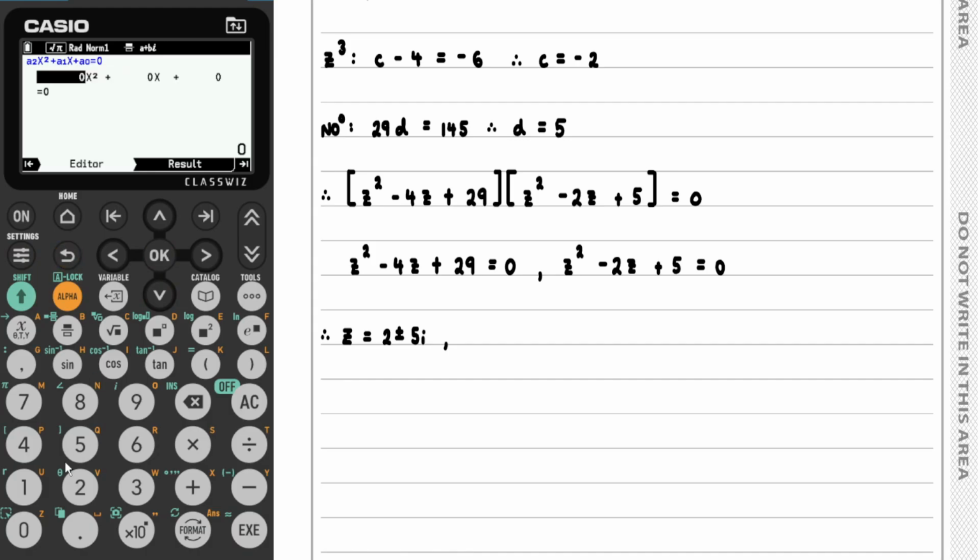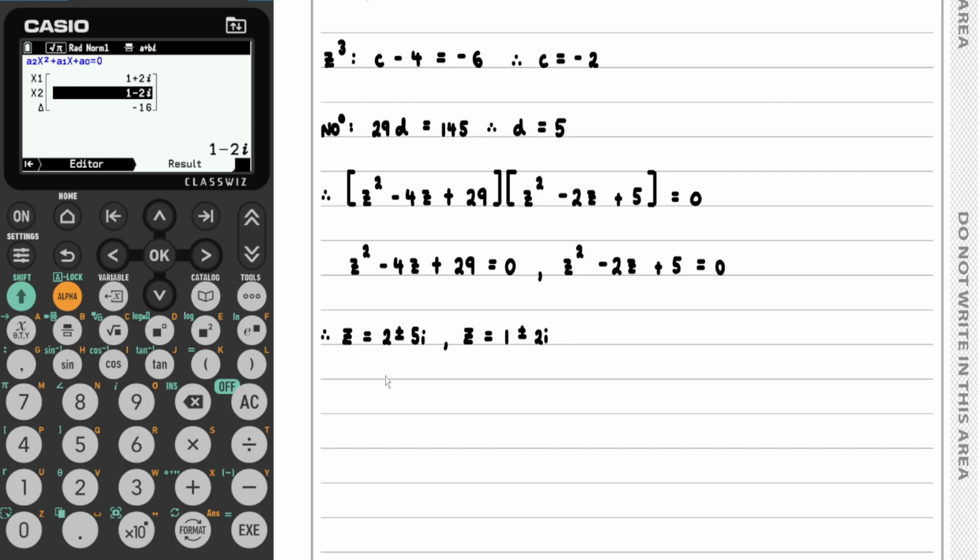We have z squared subtract 2z plus 5 equals 0. So we've got one of the roots being 1 plus 2i and the other root being 1 subtract 2i, meaning z is equal to 1 plus minus 2i.